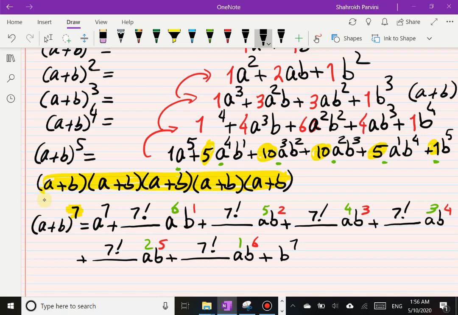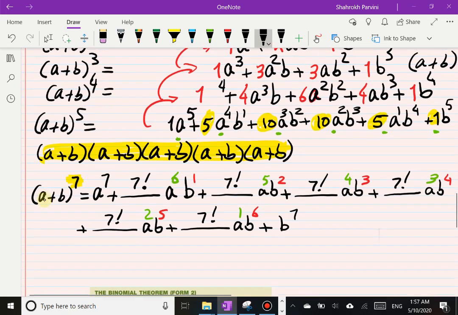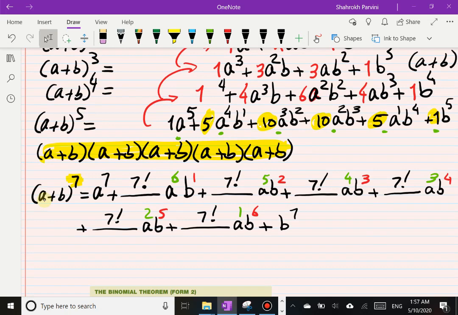We are working off of the pattern. Now in the denominator, and that's why I use color in the denominator. So for a to the 6th b to the 1st, put 6 factorial. That one, the red one, put 1 factorial. Then I have 5 factorial, 4 factorial, 3 factorial, 2 factorial, 1 factorial.